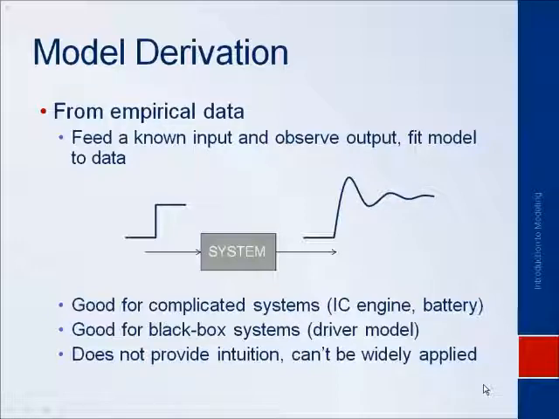Maybe that model would fit or predict the response of your system very well for the particular input that was used for the derivation. But if you tried to apply this model in a different set of circumstances, a different input, a different set of environmental conditions, maybe it wouldn't work very well. Maybe your model is oversimplified.